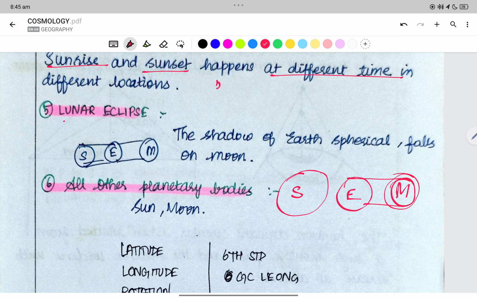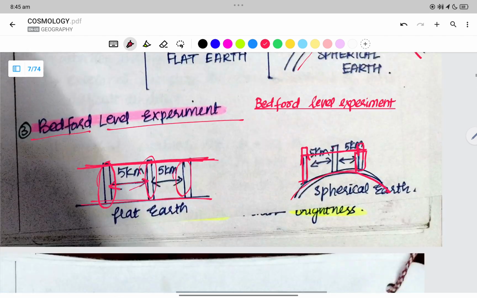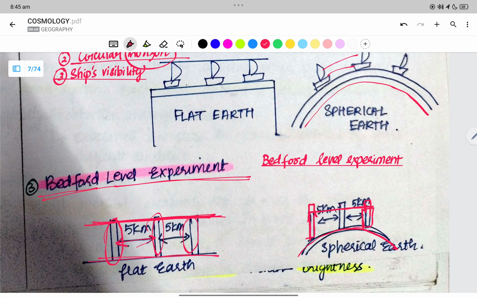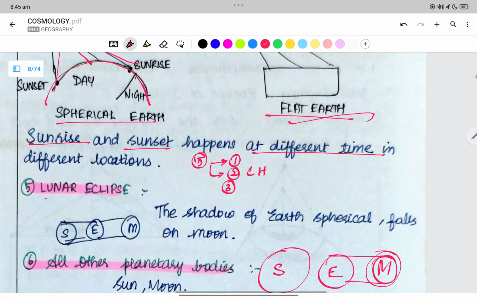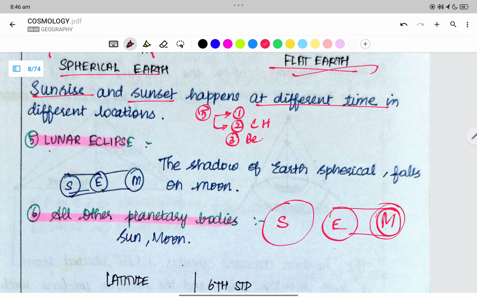Now we have seen 5 topics, right? The first one is circumnavigation, and the second one is circular horizon. The third one is Bedford level experiment. The fourth one is sunrise and sunset.